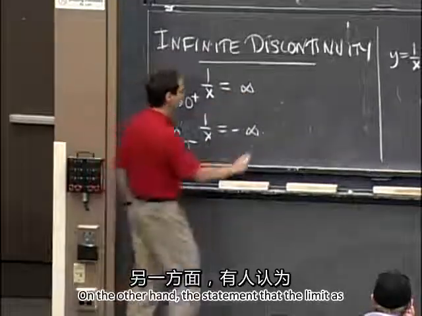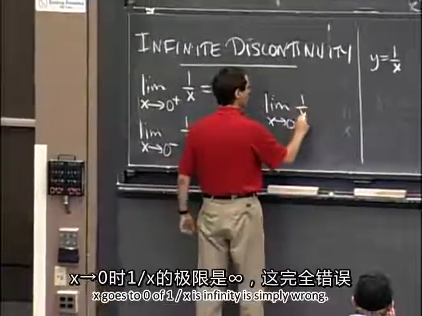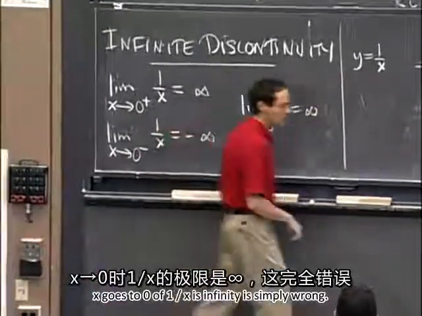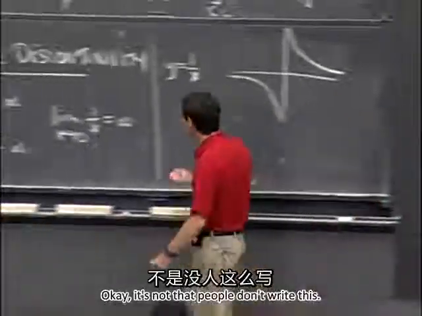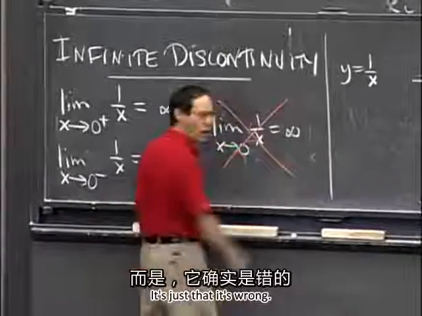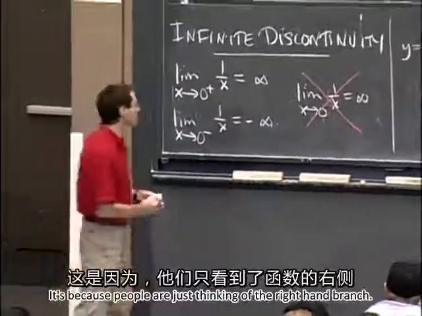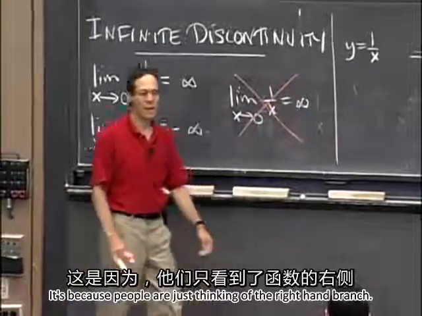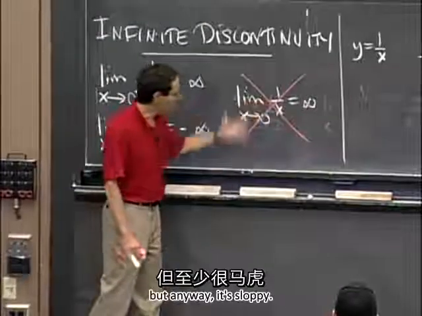On the other hand, the statement that the limit as x goes to 0 of 1 over x is infinity is simply wrong. Okay? It's not that people don't write this. It's just that it's wrong. I mean, in fact, you'll probably see it. And it's because people are just thinking of the right-hand branch. It's not that they're making a mistake necessarily, but anyway, it's sloppy.